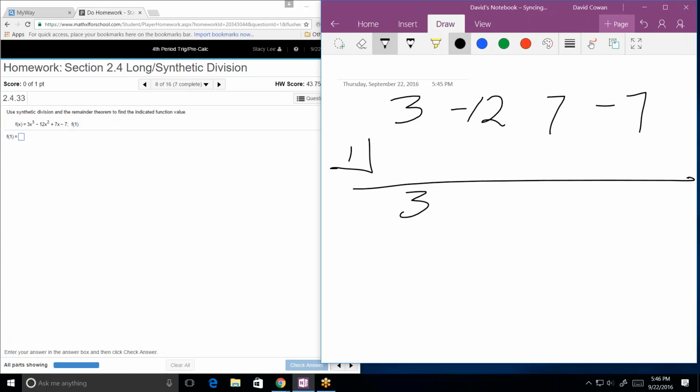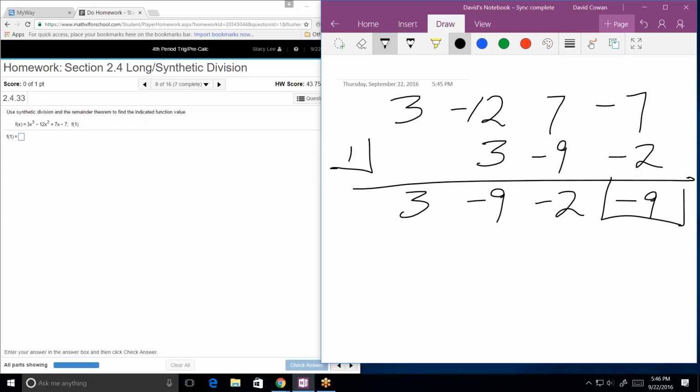Okay, let's do it. 3 and 9, 16, minus 9. That's what I get. So why is this the way to figure out that value?